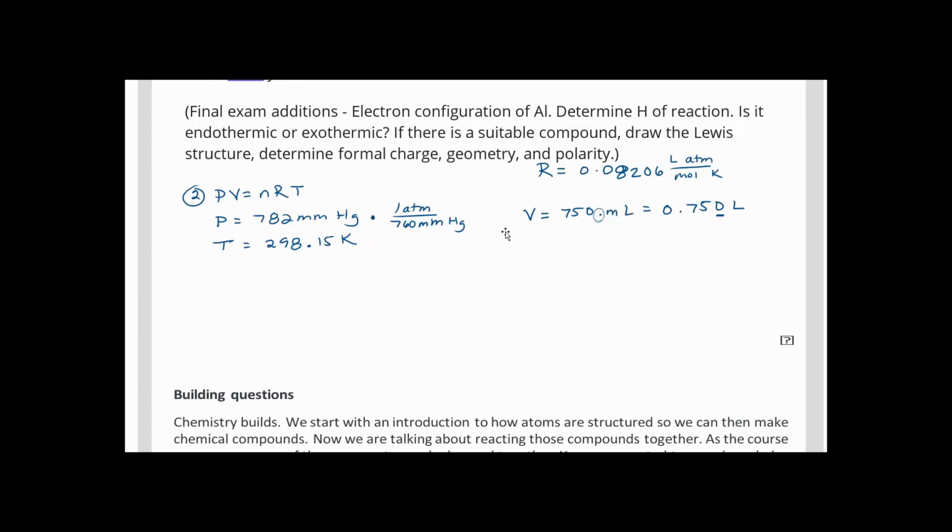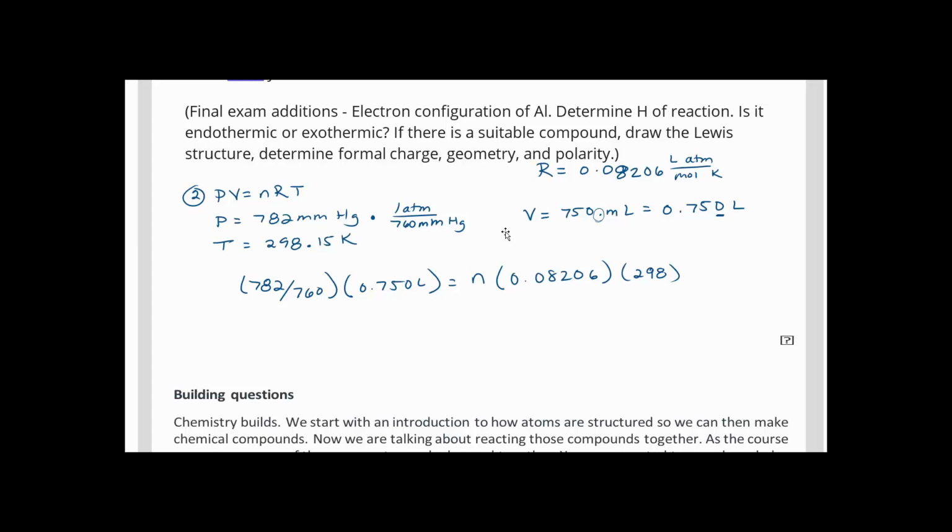So now let's work this out. So we have our pressure, our volume, N is what we're looking for, R, and then T. So to work the algebra here, I'm going to take 782 and divide that by 760.